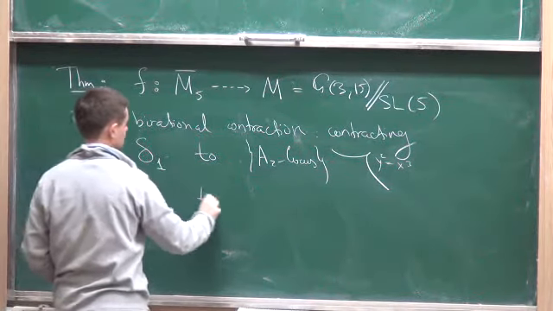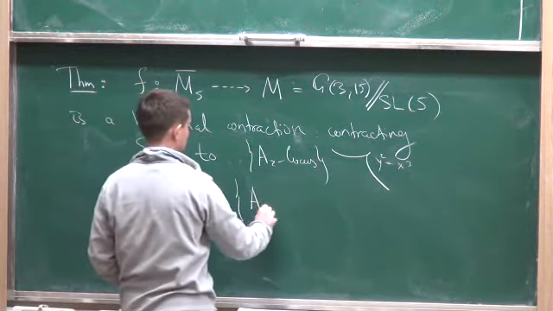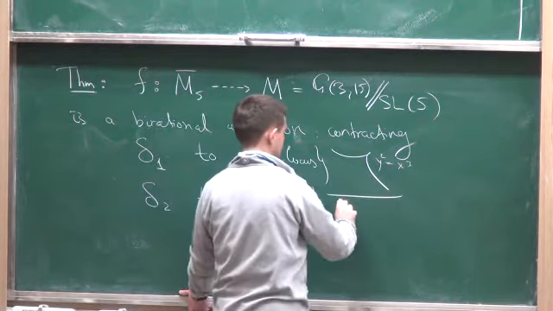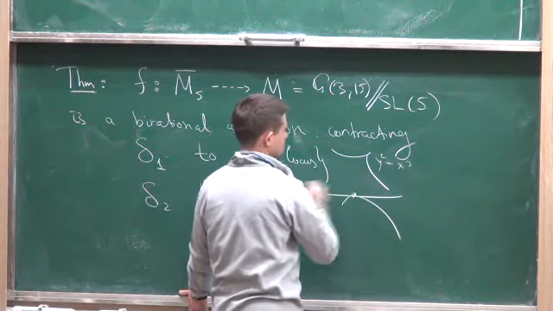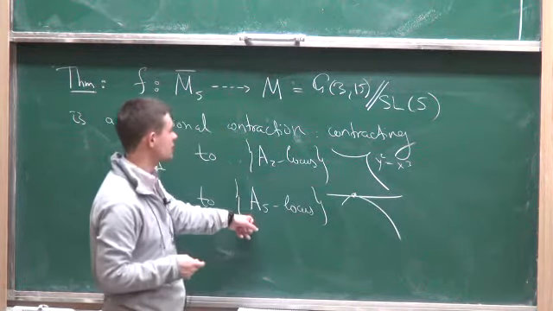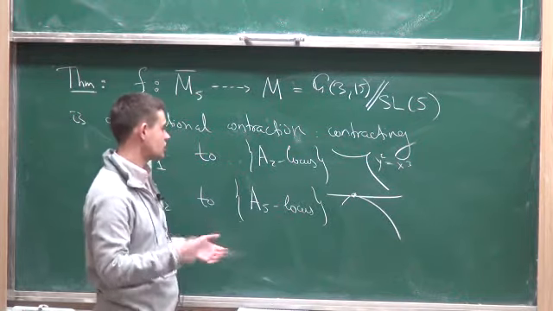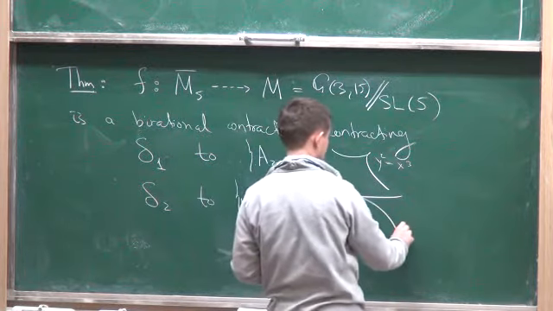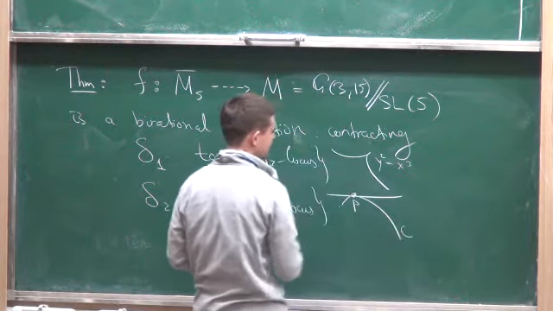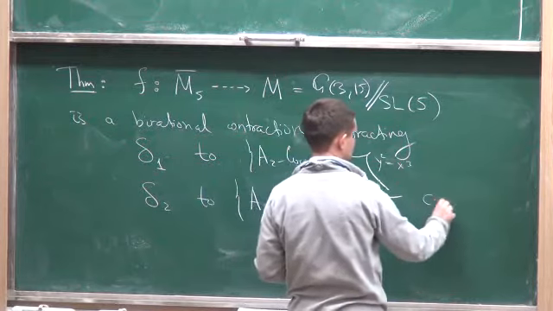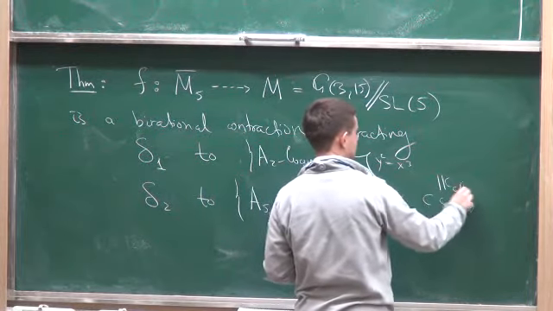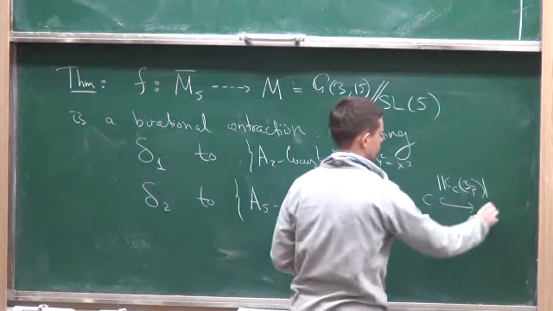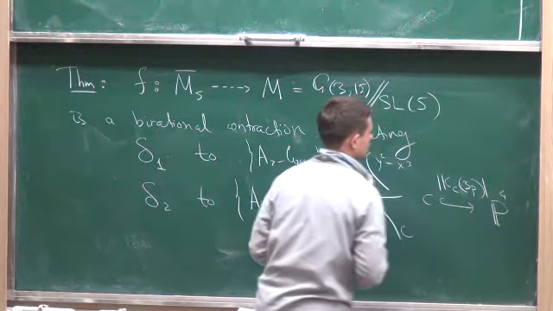Contracts delta 2 to the A5 locus. And this A5 locus looks as follows. To define what an A5 curve is, take a genus 3 curve C, and embed C by a canonical system twisted by 3 times a point in P4.